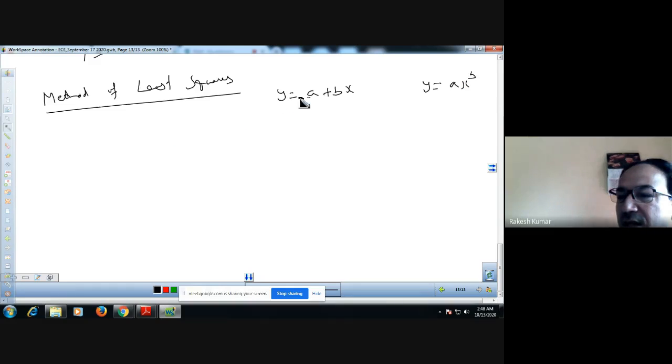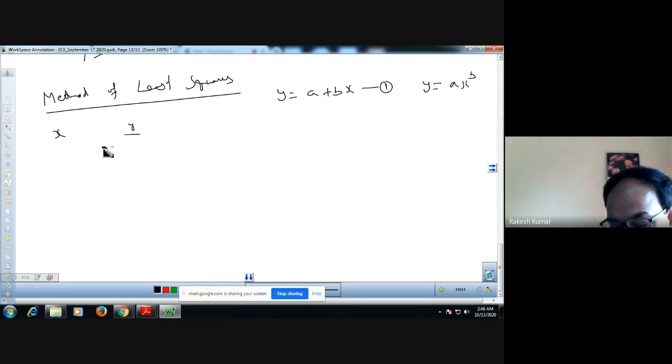So this is the equation of a straight line. Suppose we have to do the question for this, then you must have the values of x and y, and we have given that in the table.